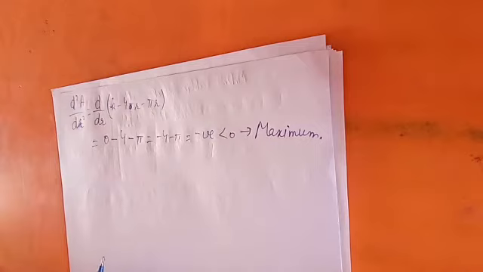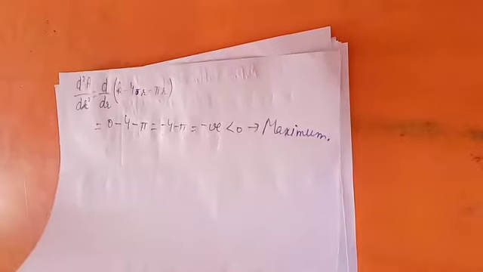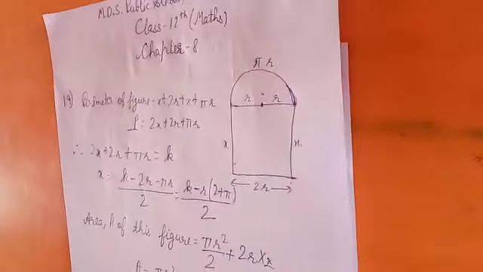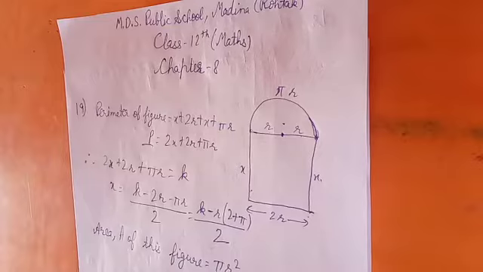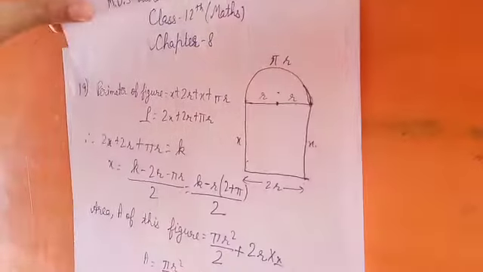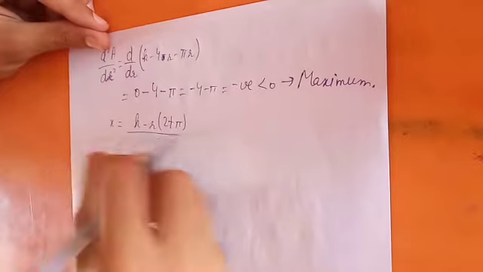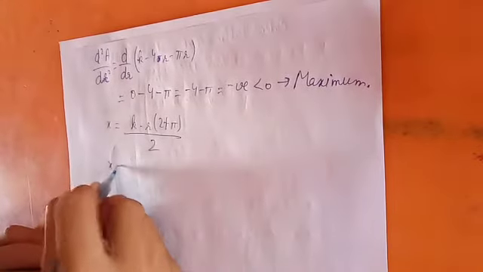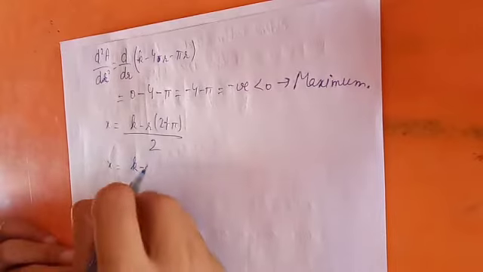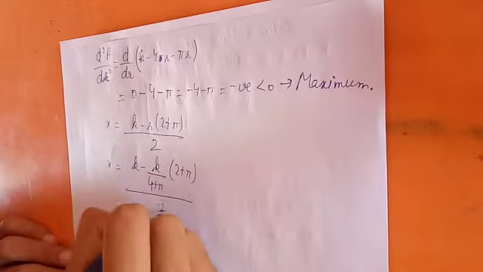Now using the value of r we can find the value of x. The relation between x and r was x equal to (k minus r (2 plus pi)) divided by 2. Here we just put the value of r, so x will be k minus (k by (4 plus pi)) into (2 plus pi), whole divided by 2.